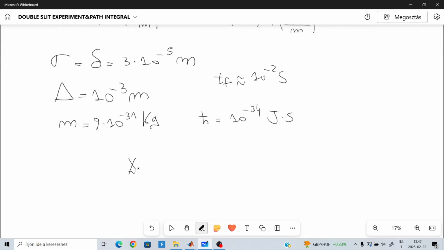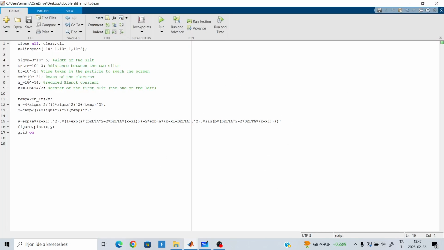I chose x tilde 1 to be minus capital delta over 2, which means that the other center x2 will be at capital delta over 2. So there is some symmetry over the x-axis with respect to the origin. One slit is at minus delta over 2 and the other one is at delta over 2, the centers of the two slits. And all the other parameters are the ones that I have given you here.